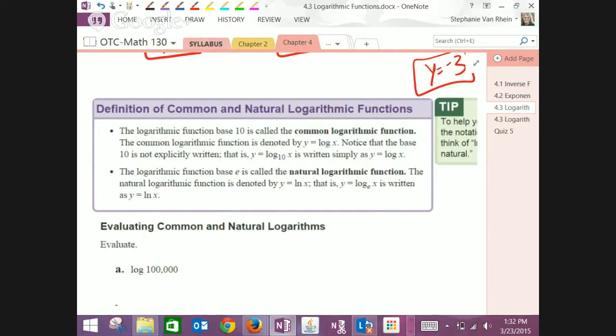Most calculators don't do it in one step. If they drop the base, it's understood it's base 10. Like they have here. If they give you y equals log of x, it's understood that it's base 10.